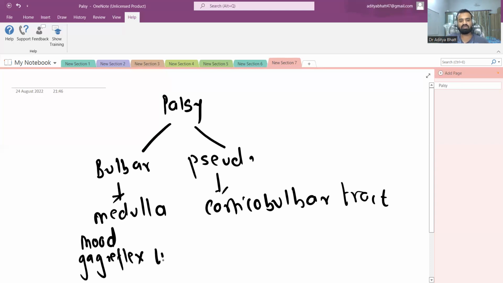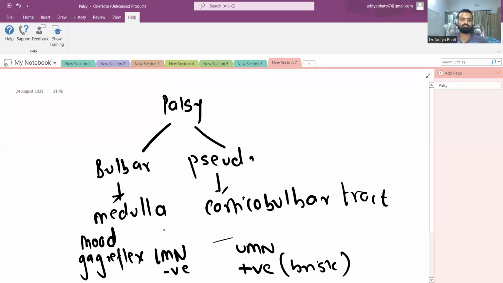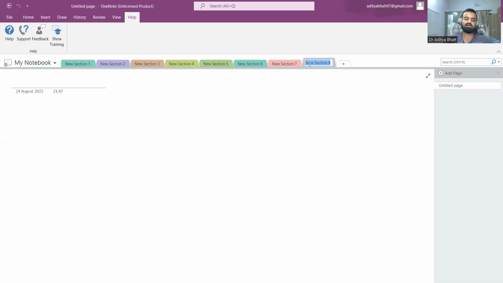This is LMN, so the gag reflex is absent. This is UMN, so the gag reflex is exaggerated or brisk. It is positive, but it is brisk. And the mood here is normal, because the upper parts are not involved, while here the mood is labile. So this is just a run through of pseudobulbar and bulbar palsy.